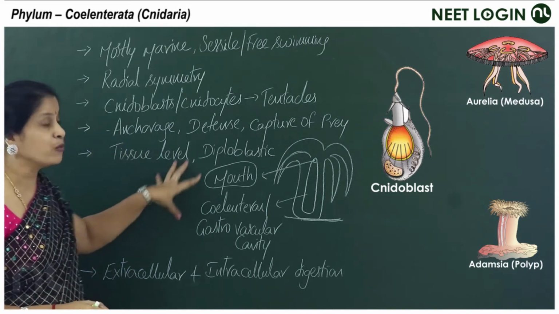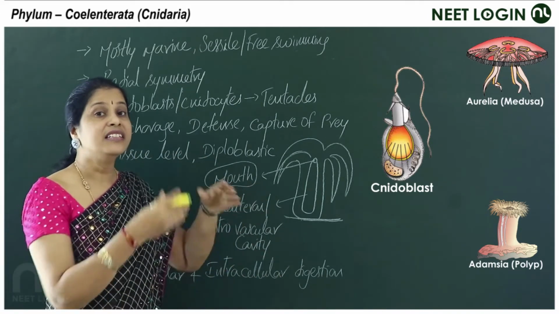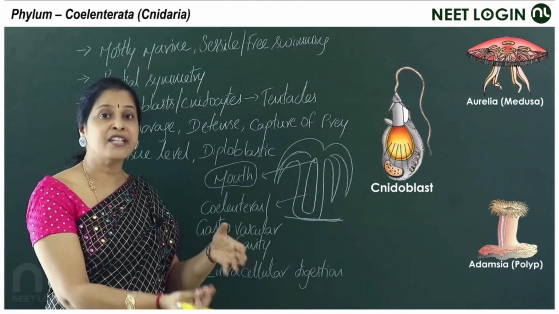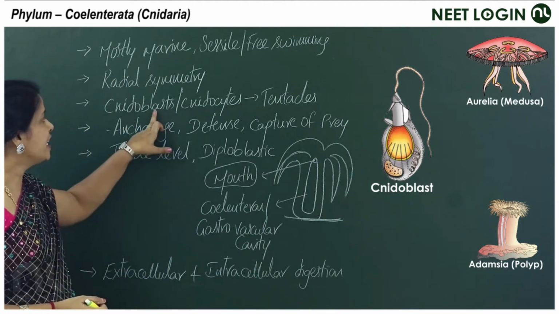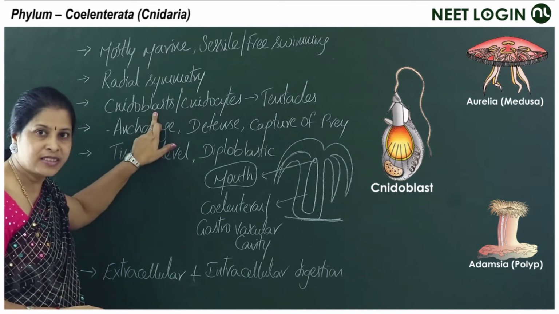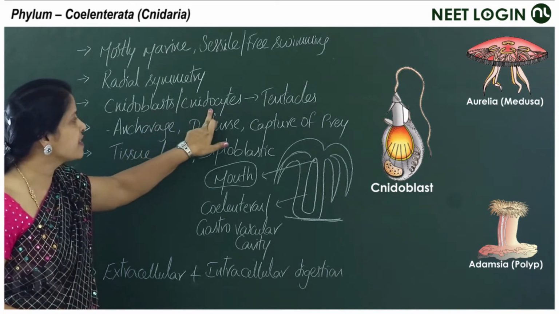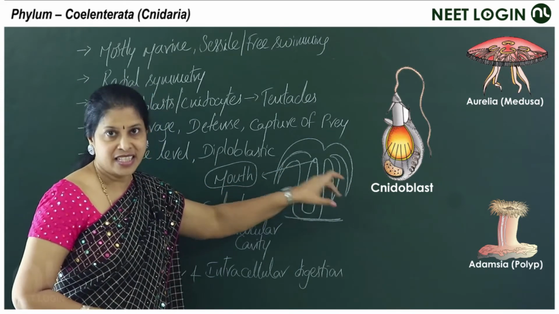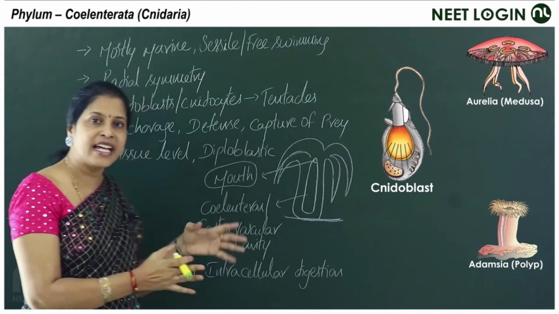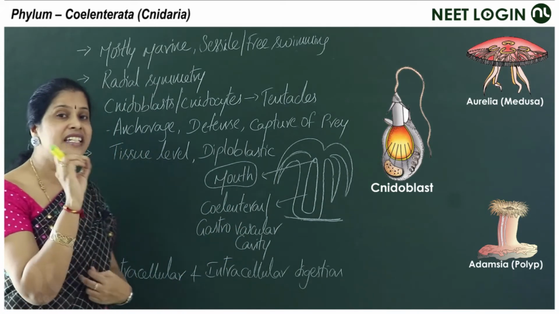And as I said, why we are calling it phylum Cnidaria, based on what it is termed. The phylum name Cnidaria is due to the presence of the cells called cnidoblasts or cnidocytes present on the tentacles. These cnidoblasts or cnidocytes are the stinging cells.